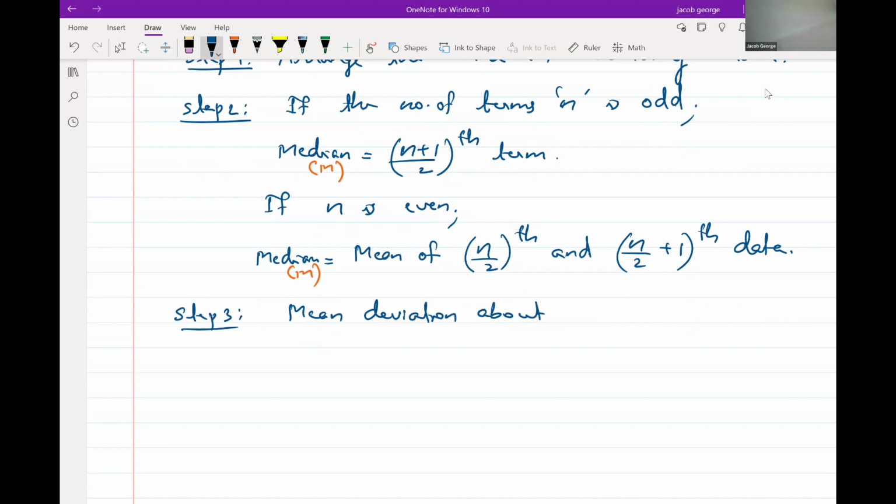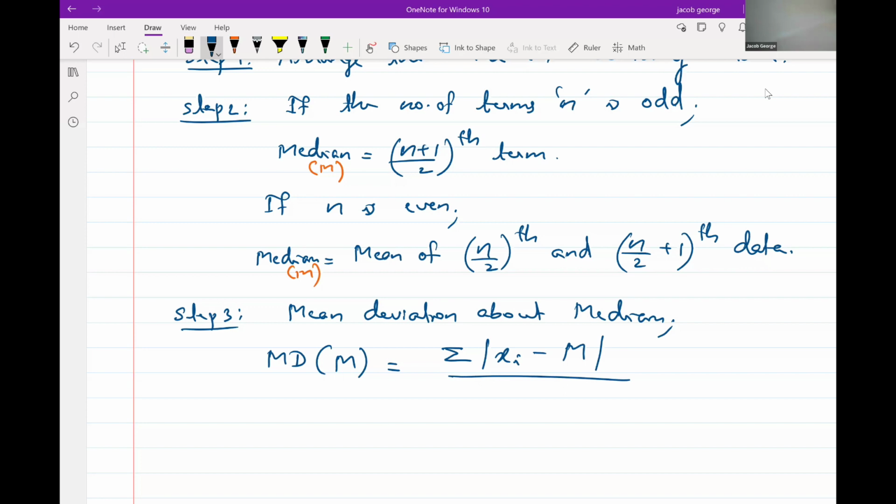Mean deviation about median, short form MD(M), is equal to, same as in the mean deviation about mean, sigma. There is no frequency, so what will be there? Modulus xi minus M, here instead of x bar it is the median M, divided by the number of terms n.